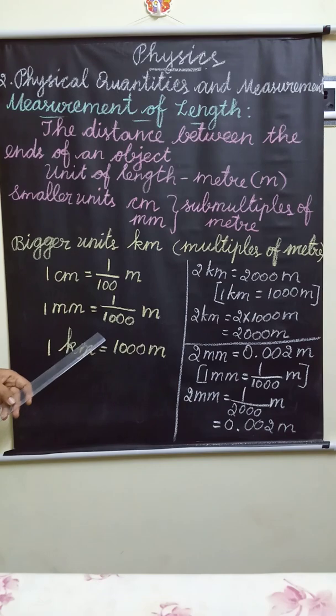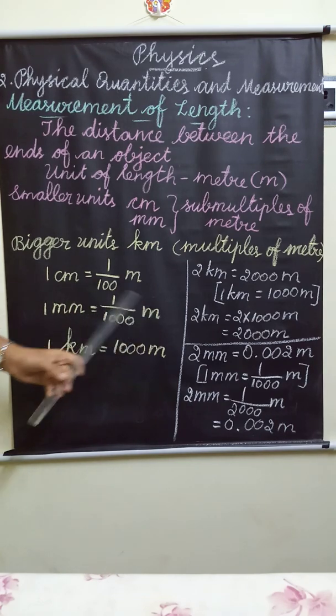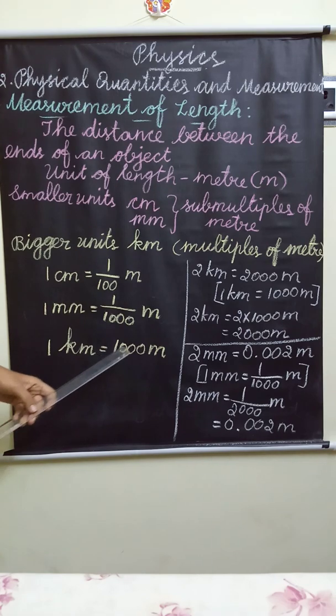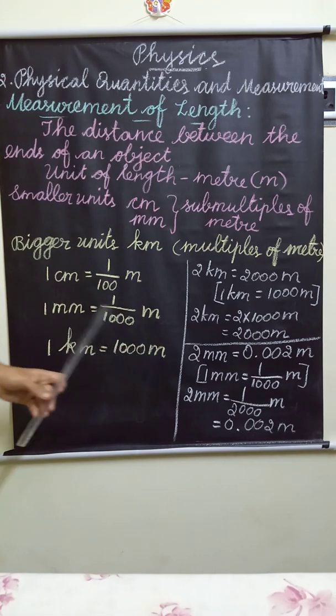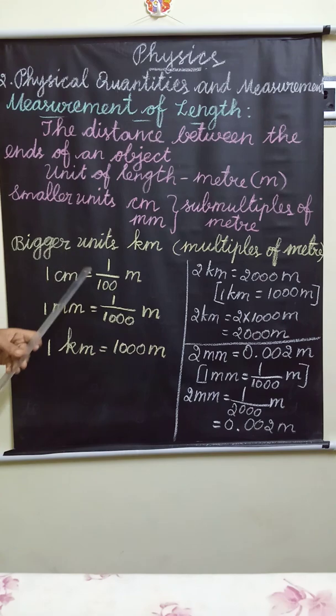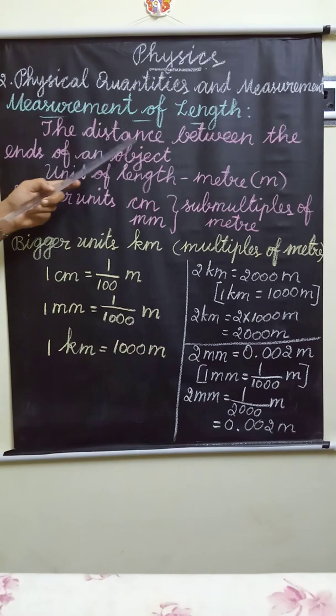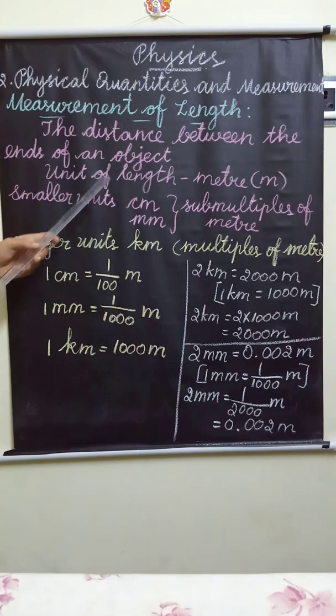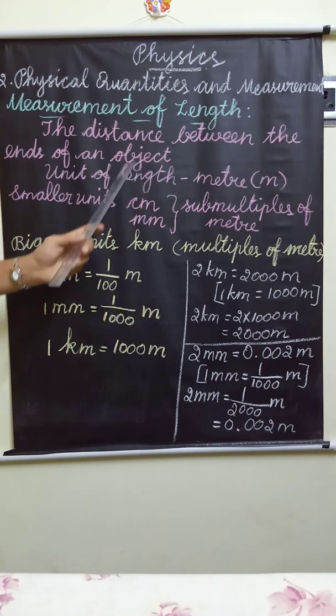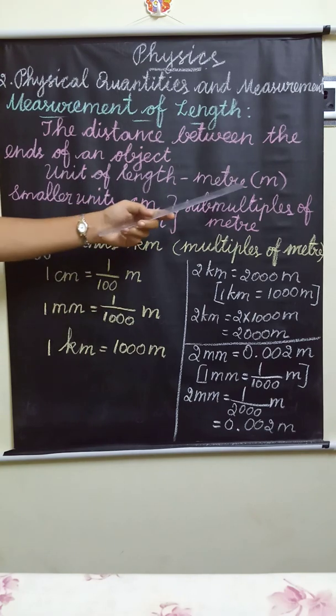You have to remember this formula. 1 millimeter is equal to 1 by 1000 meter. 1 kilometer is equal to 1000 meter. These are the standard units to define smaller units and bigger units. What is length? The distance between the ends of an object. What is the unit of length? Unit of length is meter. The symbol is m.